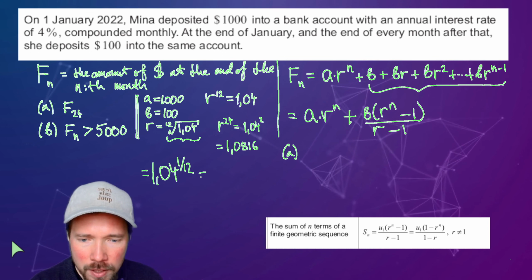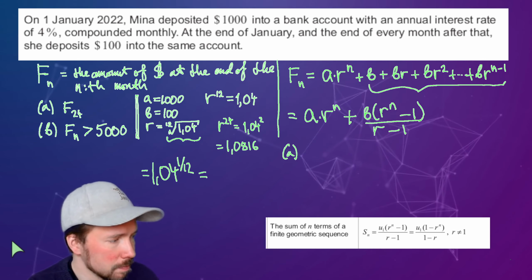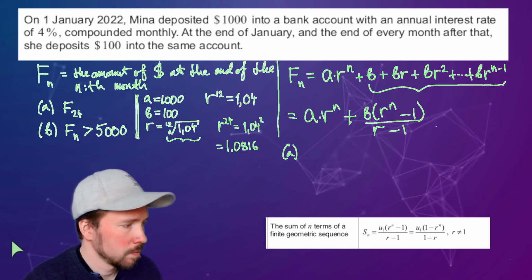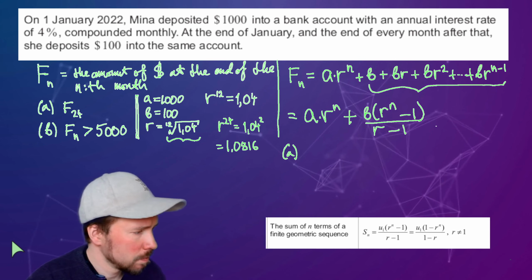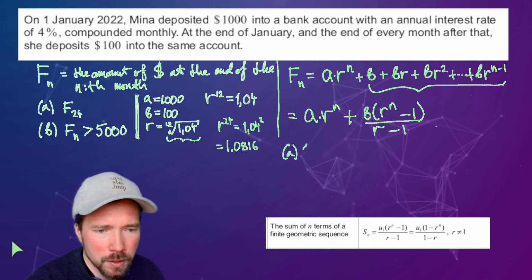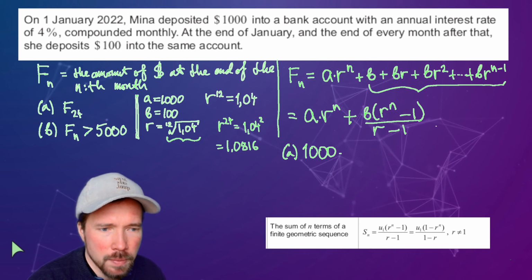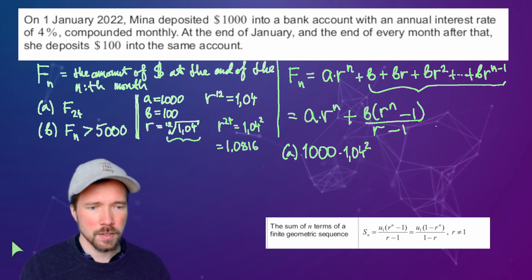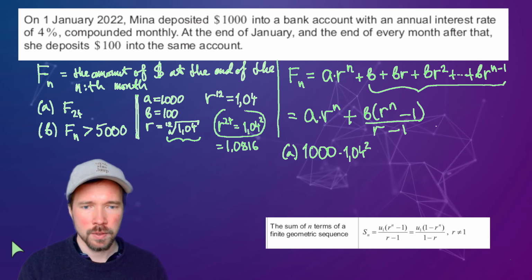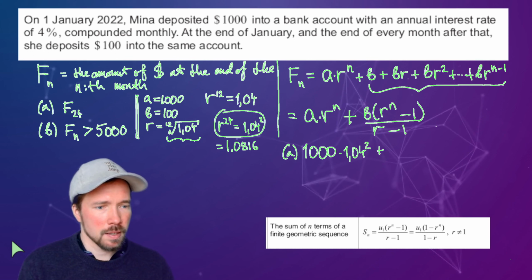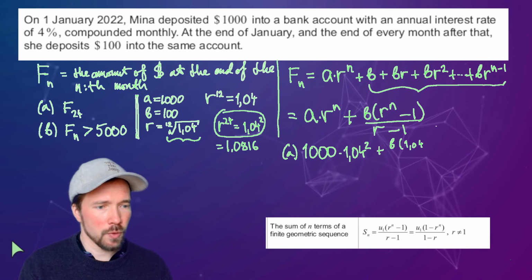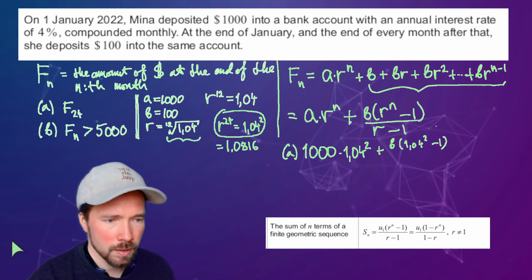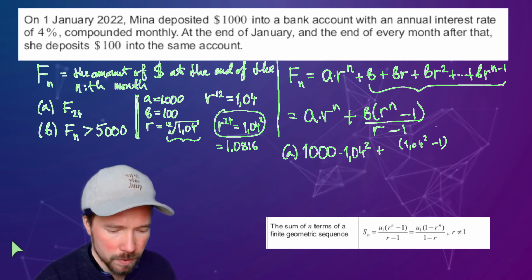Putting this into a calculator, here's what we're going to put in: 1000 times this, because this we figured out, plus b times 1.04 to the power 2 minus 1. I'm sorry, b, of course, is 100.